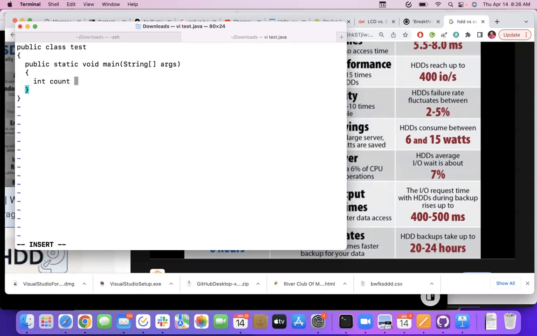Let's say we just want to have a computer program that's going to count. So for int i equals 0, i less than, say, 1,000,000, i plus plus. Let's go to 10 million. We'll exaggerate it.